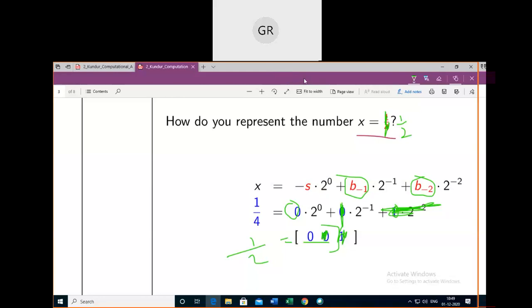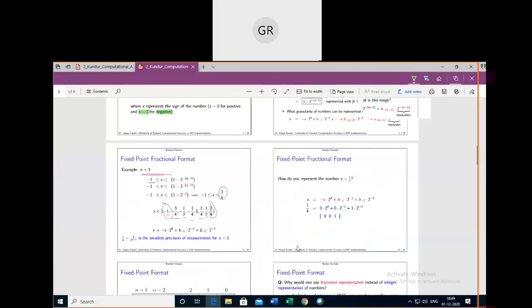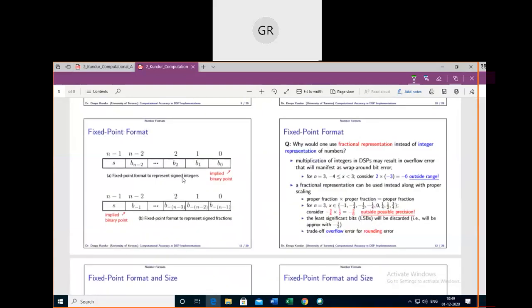Okay, just remember that. Next here, fixed point format to represent signed integers.